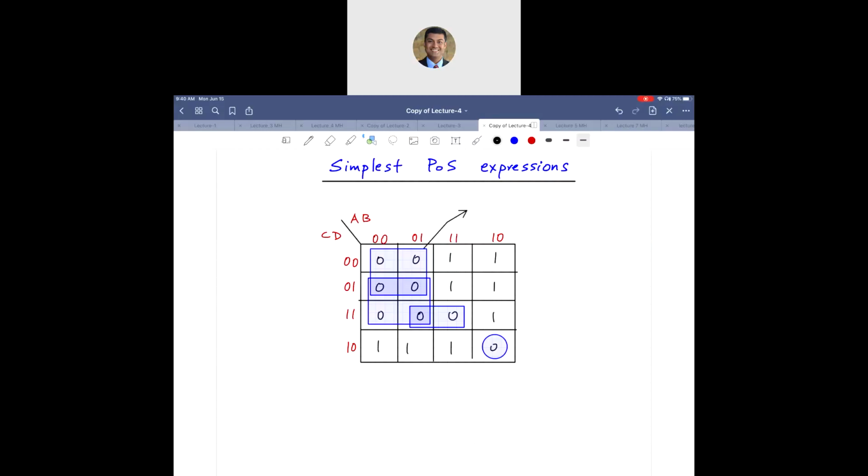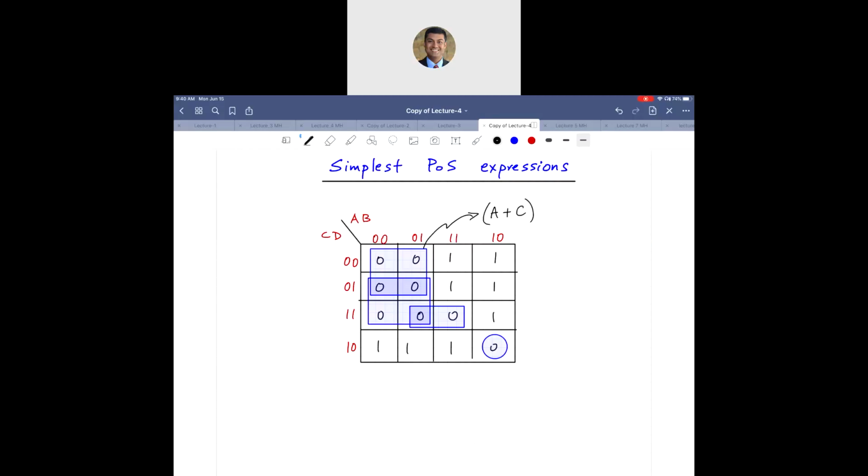There is going to be a change in the way you write expressions, so I want you guys to notice this. For the top left group of 4 zeros, A is 0, B changes, C is 0, D changes.